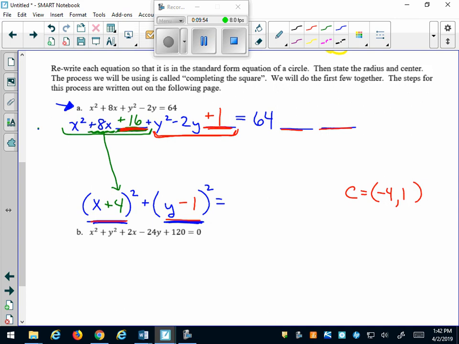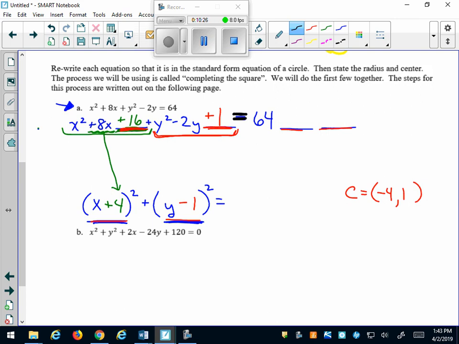Yeah, because this equal sign right here is not just there for decoration. An equal sign literally means the left-hand side is exactly the same value as the right-hand side of this equation. Well, we took the left-hand side of this equation and we very conveniently added a 16 and a 1 to work to our advantage, but we've upset the equal sign, right?